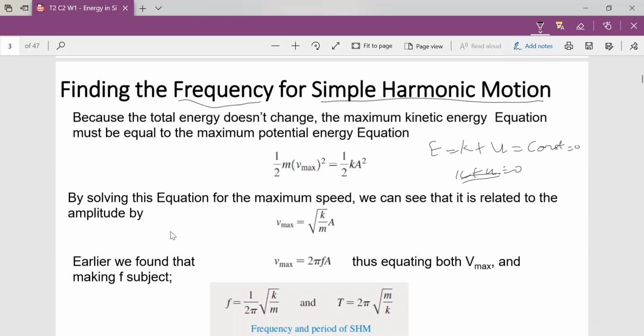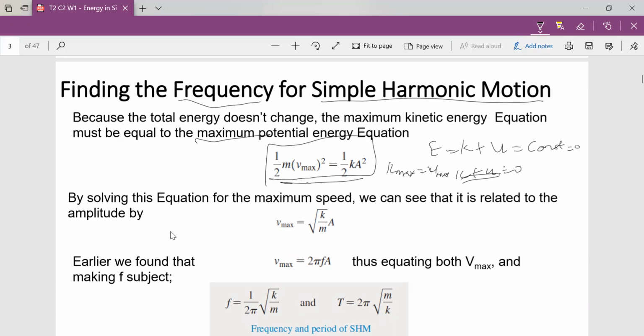The total energy in the system does not change; we can only see it transform. Therefore, we equate the maximum kinetic energy to the maximum potential energy: half m v max squared equals U max.